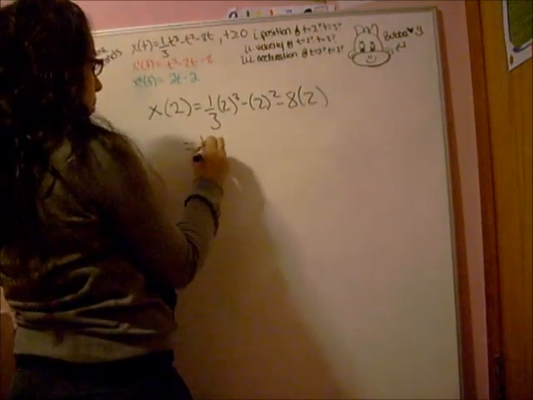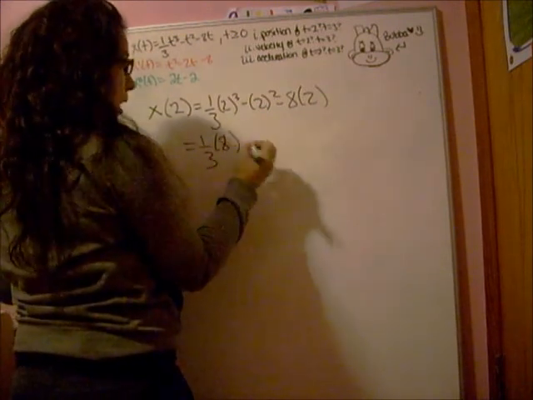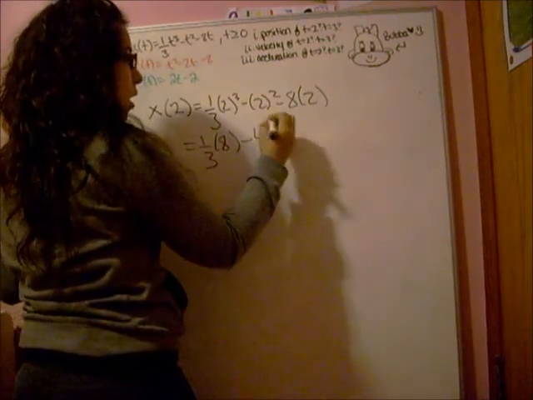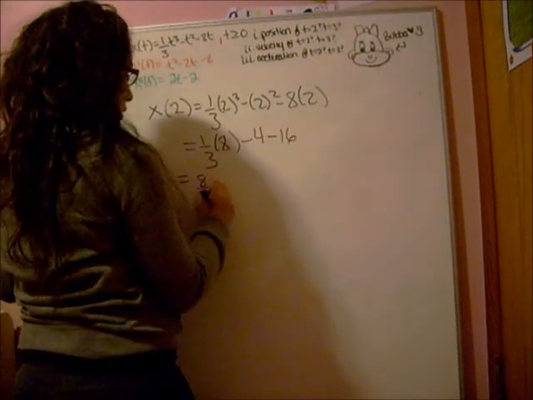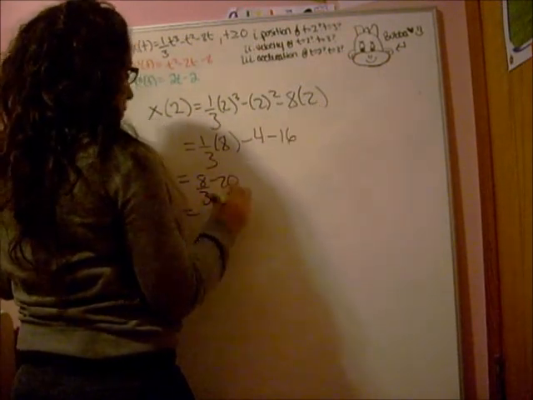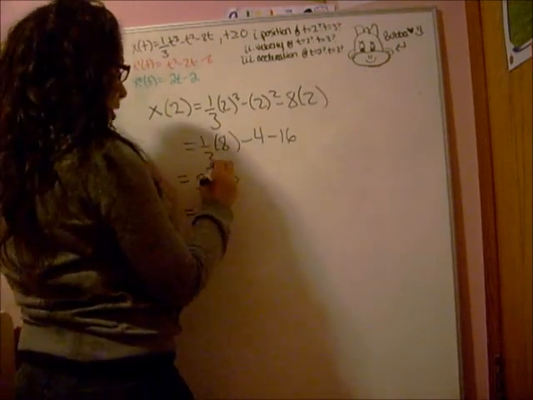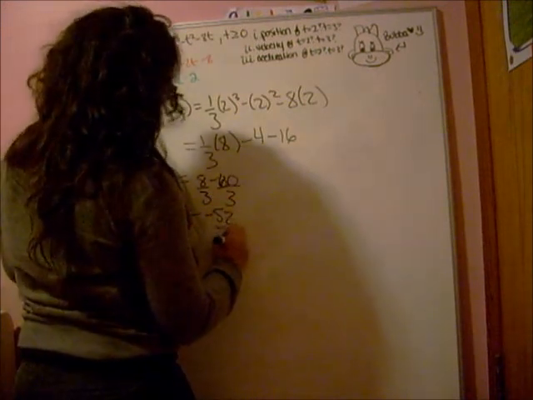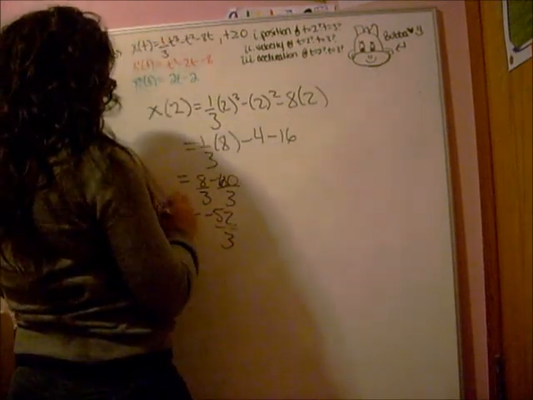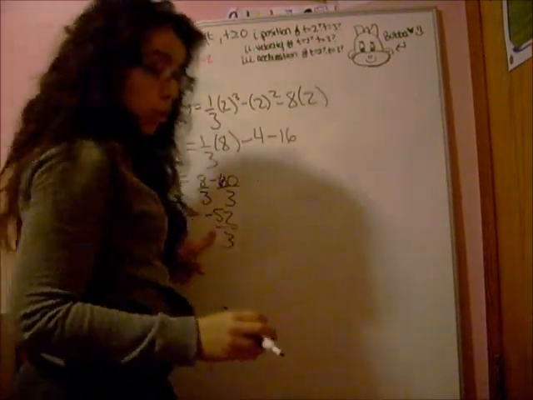We know that 2 cubed is 8. So 1/3 times 8, minus 2 squared, which is 4, minus 8 times 2, which is 16. If we simplify this, it's 8 over 3 minus 20, and 20 as a fraction, in order to get them equal, is going to be 60 over 3. So then your answer is negative 52 over 3. So when t equals 2, the position is negative 52 over 3.